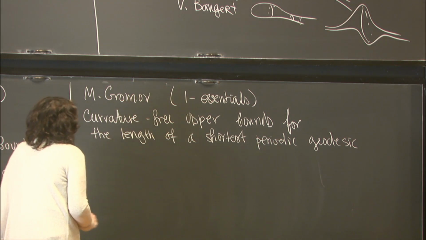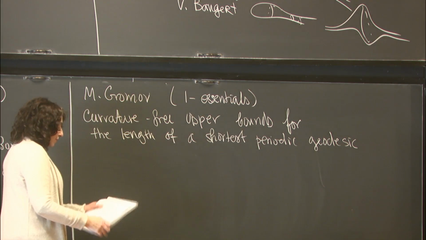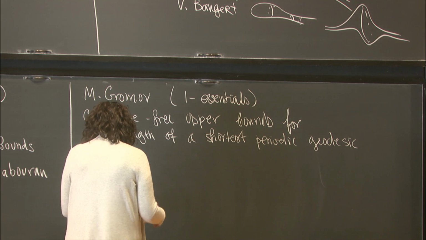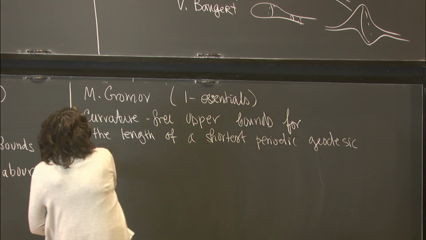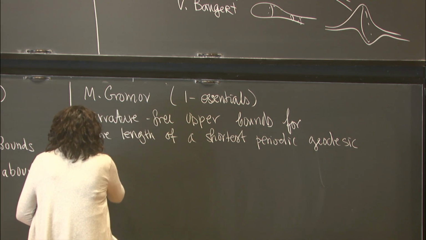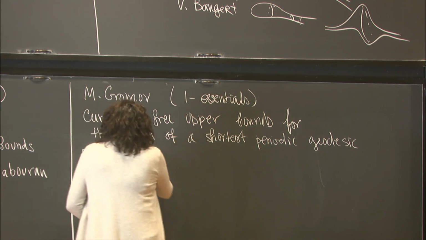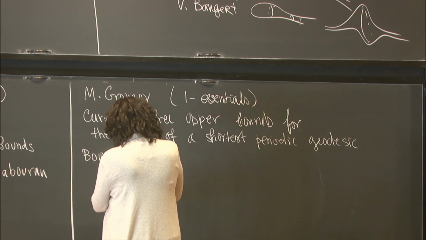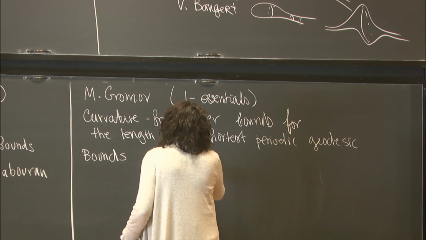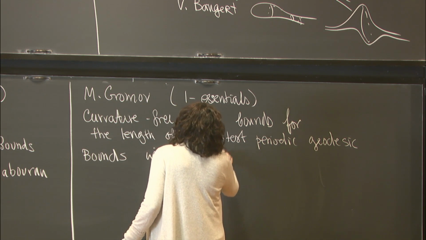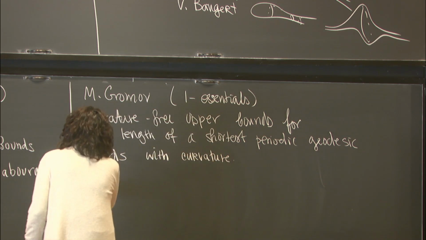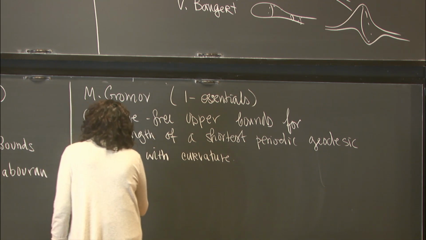That's not something I want to focus on, but because the last result is kind of recent, was obtained by our students, I would like to at least state it. So the bounds involving curvature. The first general bound was obtained by Alex and me.